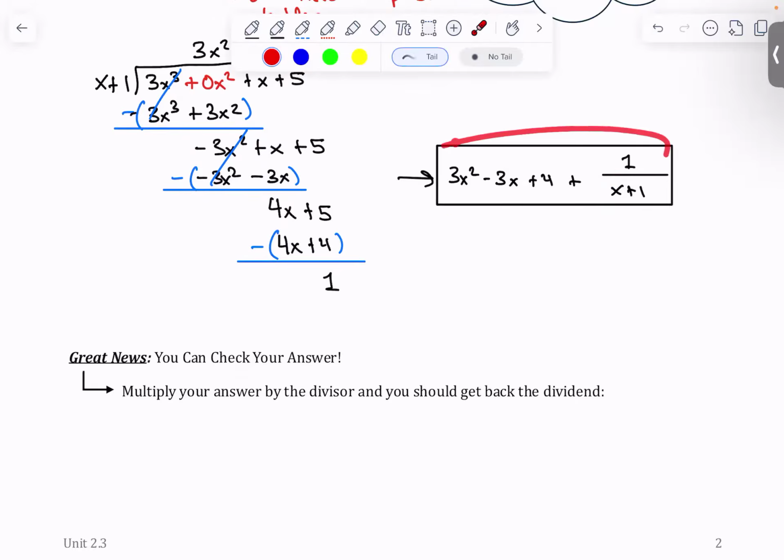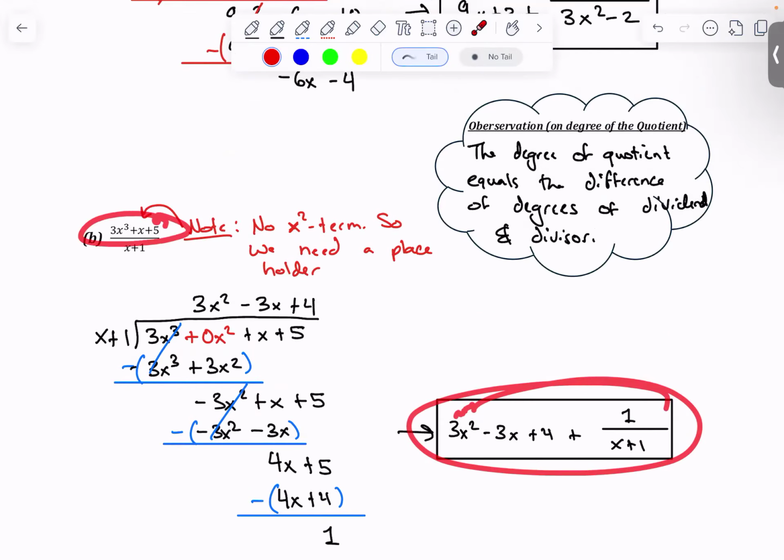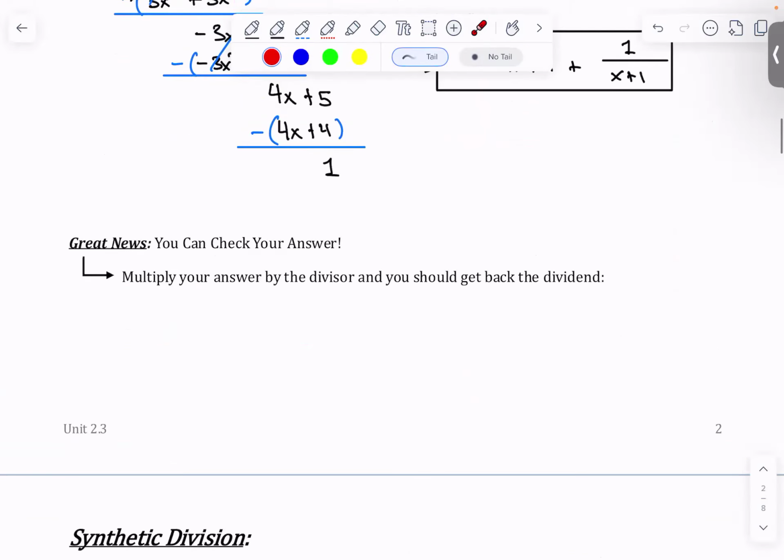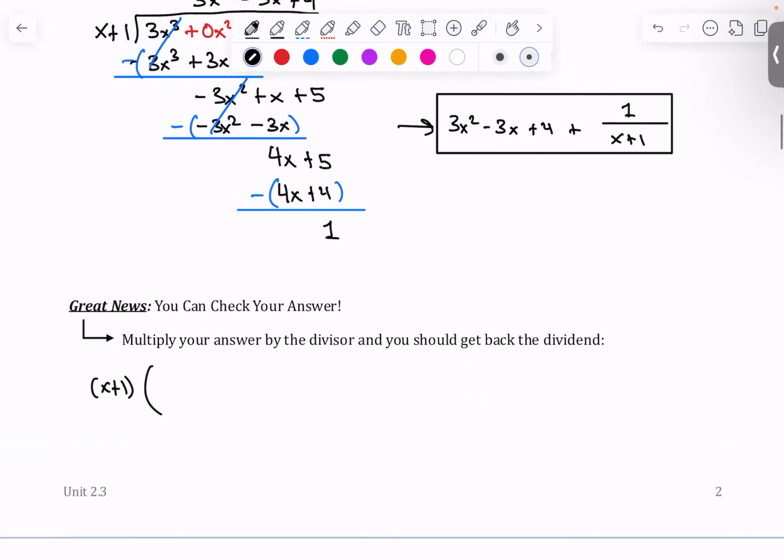So if I take this entire thing and I multiply it by x plus 1, I should get back to 3x cubed plus x plus 5. And we'll see that right here. So if I take x plus 1 and I multiply that into 3x squared minus 3x plus 4 plus 1 over x plus 1, now remember, I've got to distribute this into all of these terms.